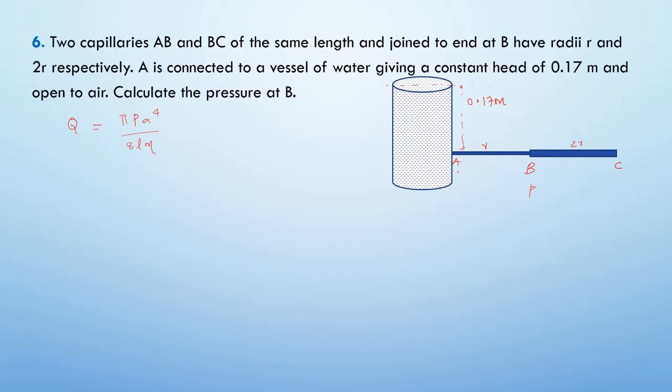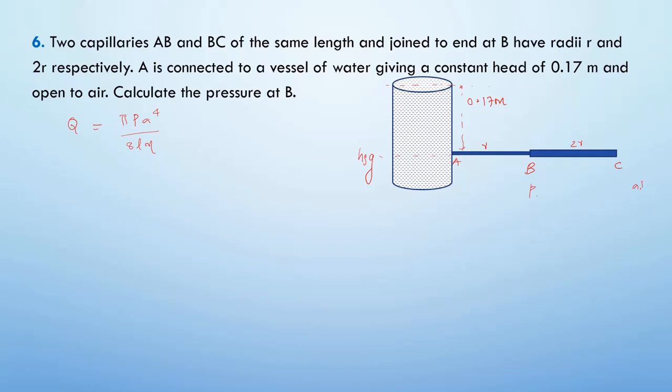For the volume rate of flow, the pressure difference between these two points: here at this point we have a pressure due to the water column above it given by Hρg, and the pressure at B is P. So the pressure difference is the difference between these two, and the pressure difference at C is P minus 0.